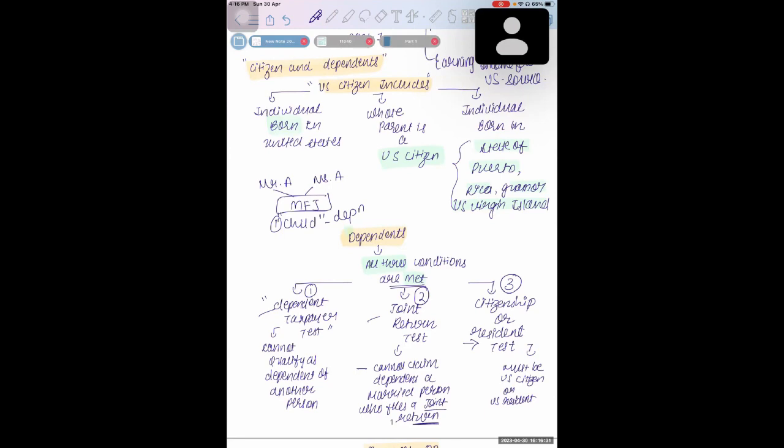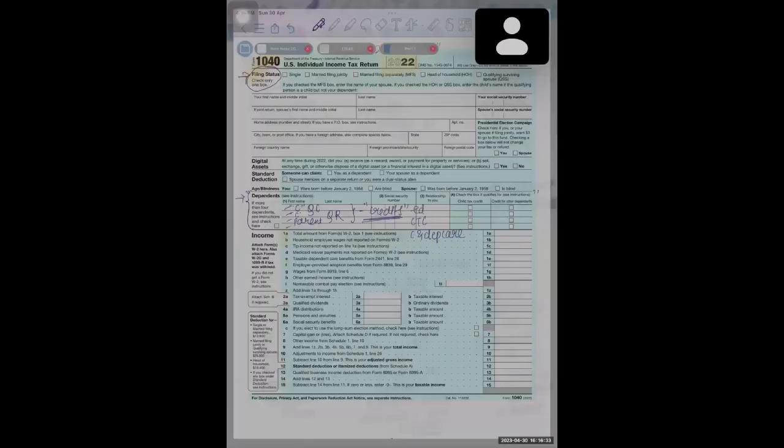See, if you see the format of 1040, this is the 1040. You have to first select the filing status. Let's say MFJ is selected. You have to enter your first name, you have to enter your spouse's name. Taxpayer's name will be there, spouse name will be there.